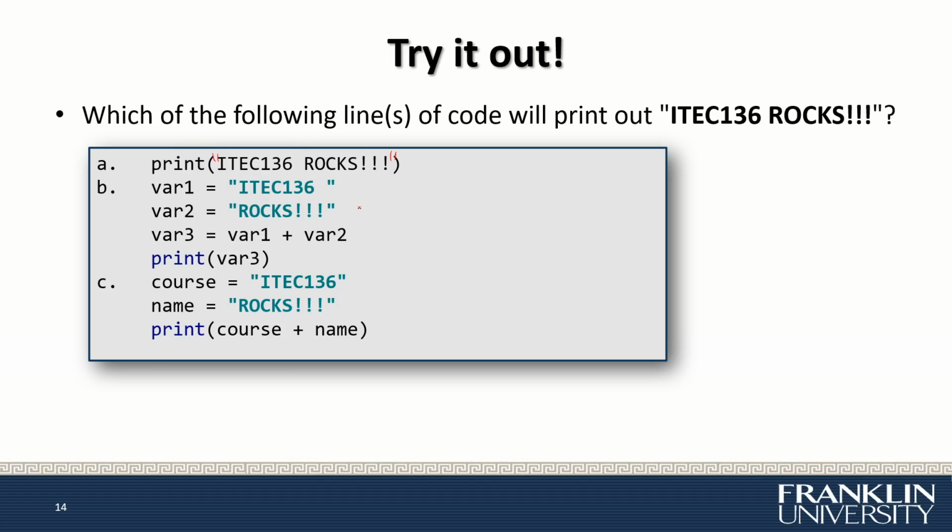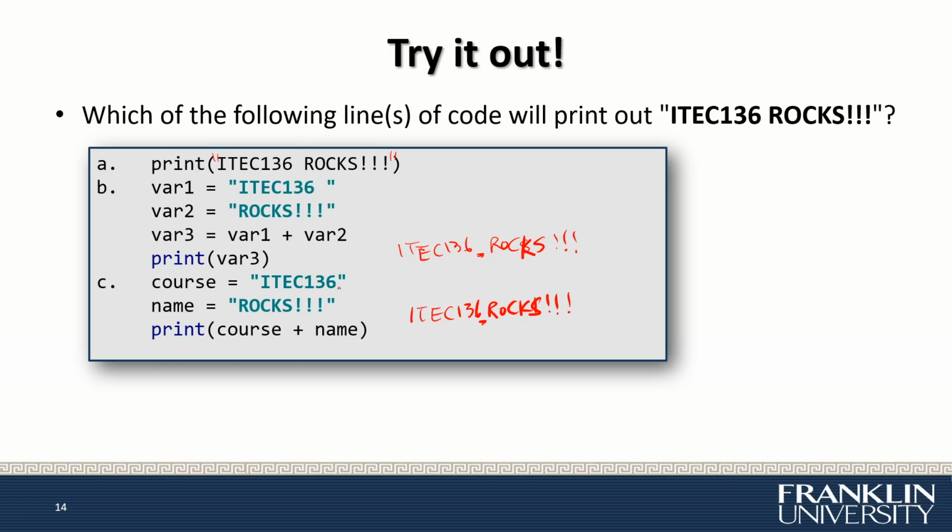How about B? Well, B is "I take 136" and var1 is "I take 136". var2 is "rocks". So when I concatenate together, I do get "I take 136 rocks". What about C? Well, C, you will get "I take 136 rocks" without the space in the middle.